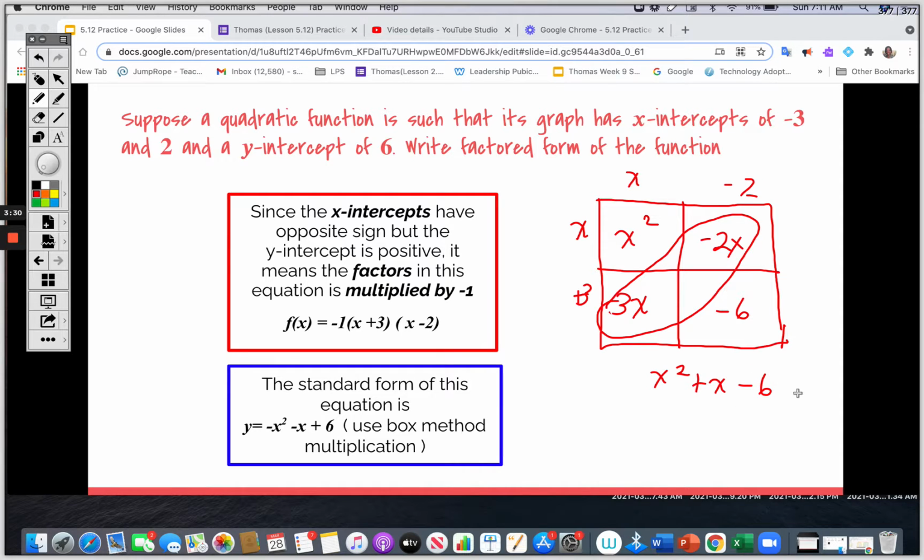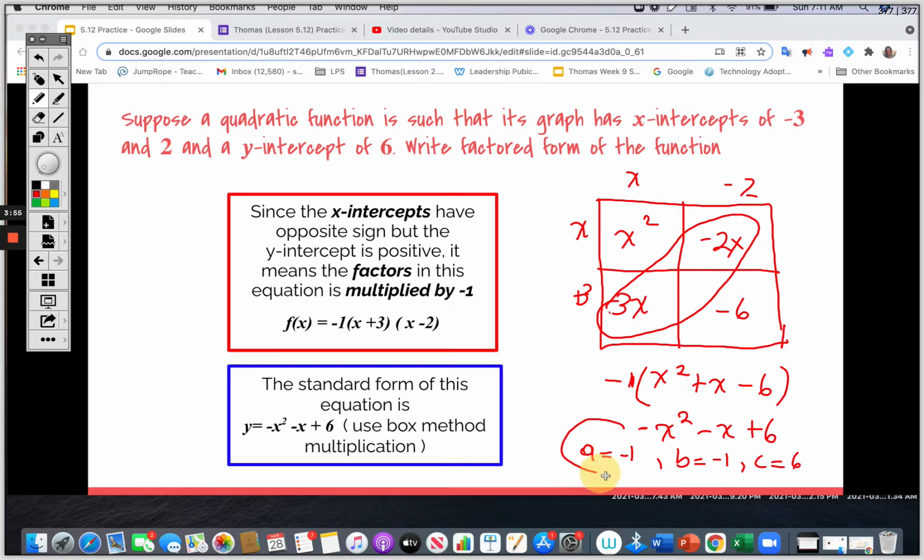But we said that in order for this to be a positive 6, we have to multiply by a negative 1. And so when we multiply by a negative 1, we're going to end up getting negative x squared minus x plus 6. And so in this case, a is equal to negative 1, b is equal to negative 1, and c is equal to positive 6.